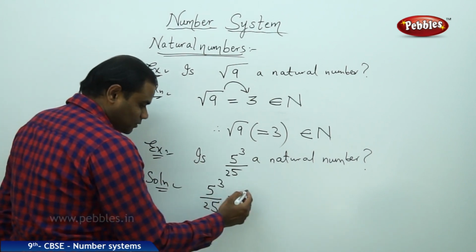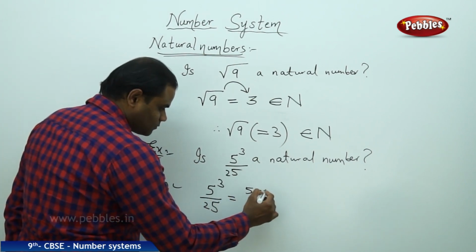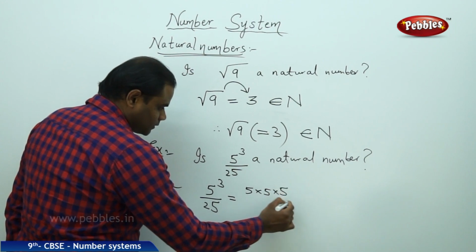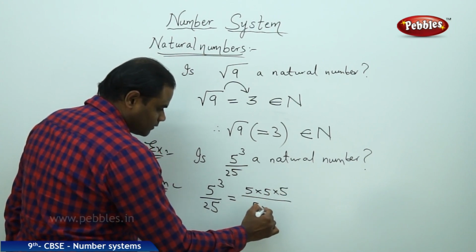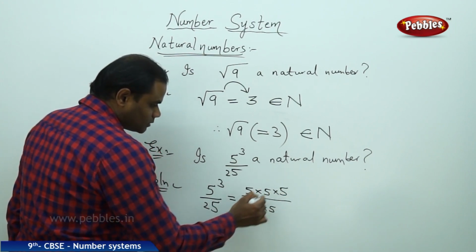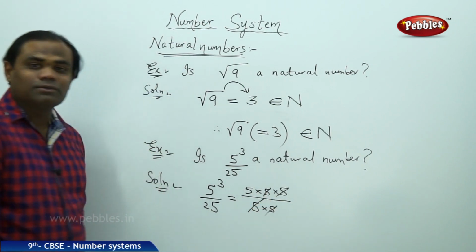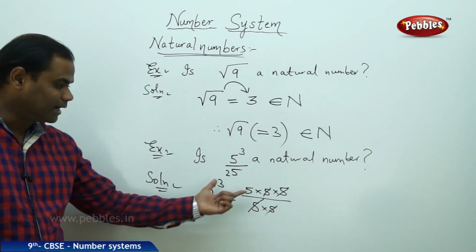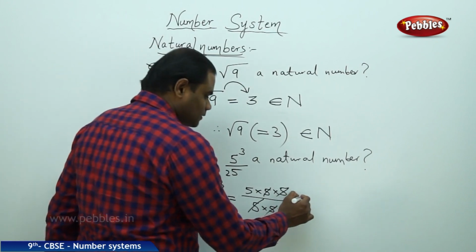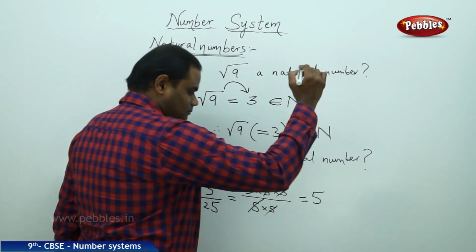Now we know that 5 cubed is 5 times 5 times 5, and 25 can be written as 5 times 5, and then the two 5s get cancelled out here. Finally I am left with only one number, which is 5.